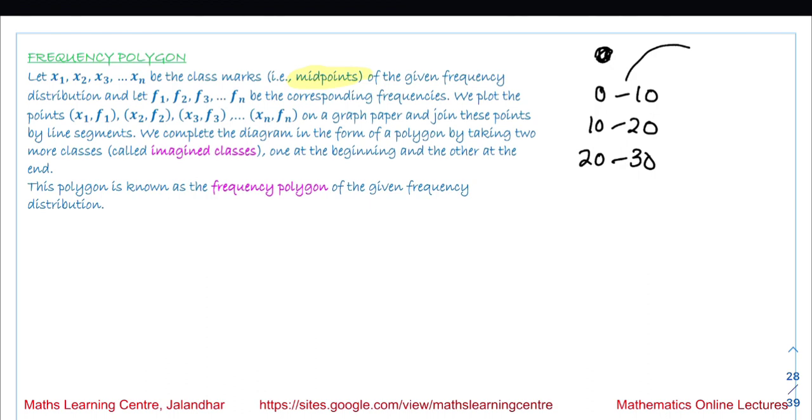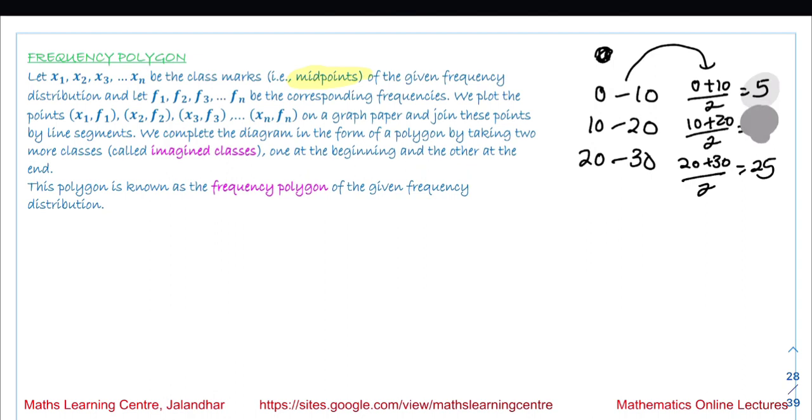So the midpoint is 0 plus 10 by 2, that is 5, then 10 plus 20 by 2, that is 15, then 20 plus 30 by 2, that is 25. These values are basically the midpoints of these intervals, and they are called the class marks.